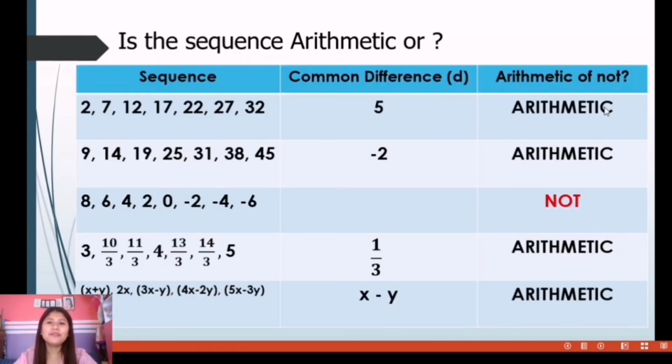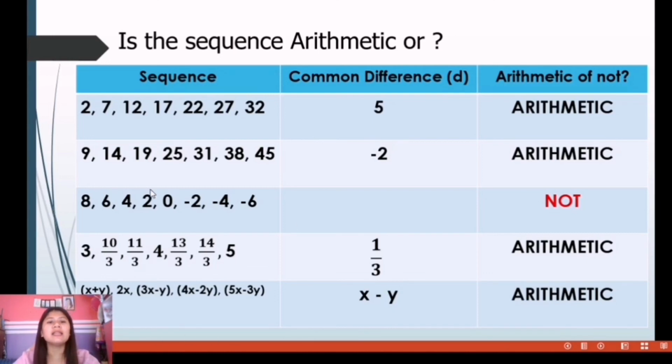So that's all for today. In problem number 1, the common difference is 5. So this sequence is an arithmetic sequence. For problem number 2, they have the common difference negative 2. So this is an arithmetic sequence also. And then for problem number 3, they have no common difference, right?